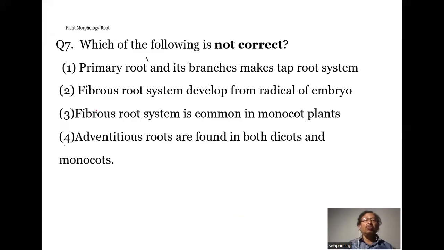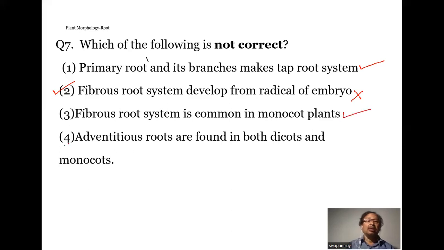Question number 7, which of the following is not correct? Option 1, primary roots and its branches make taproot system. This is correct. Number 2, fibrous root system developed from the radicle of the embryo. This is wrong, so not correct. The option number 2. Number 3, fibrous root system is common in monocot plant.